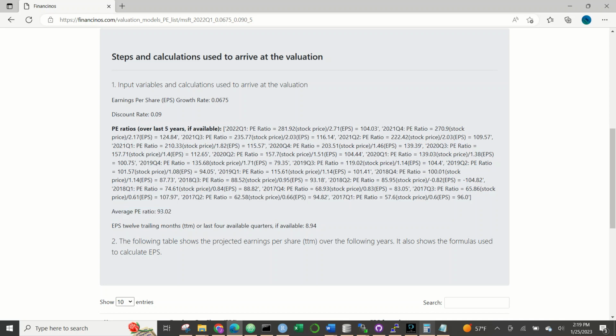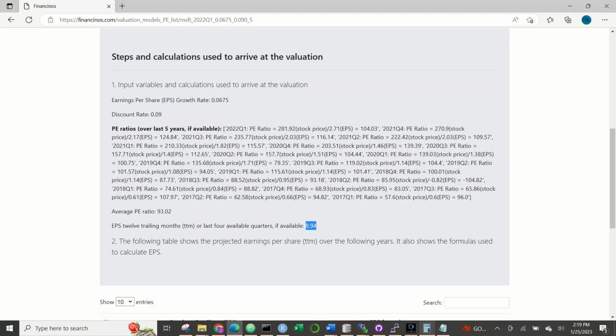Then there's earnings per share, trailing 12 months, or the last 4 available quarters if that's available. When I built this application, it wasn't able to get every single quarter, though obviously most quarters were available, so it just takes the last 4 available quarters of earnings per share if the trailing 12 months, which is what TTM stands for, is not available.